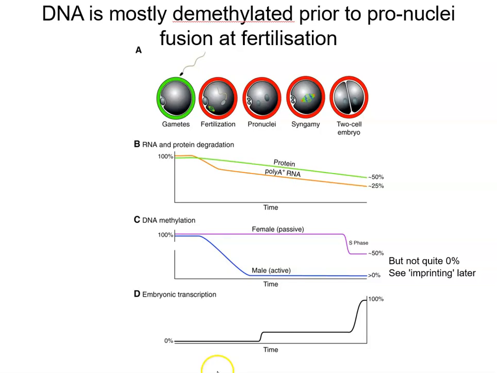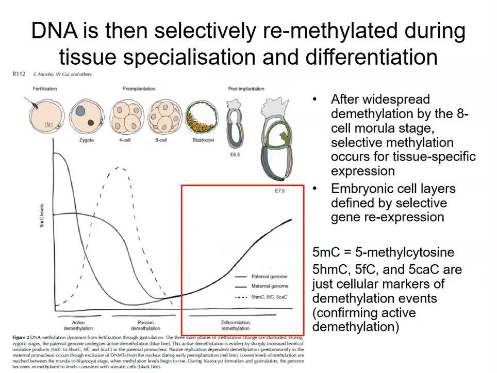Now the effect of that is that in the embryo, over time we see an increase in transcription because all of these genes are being switched back on as they become demethylated. That was just showing up to the 2-cell stage.